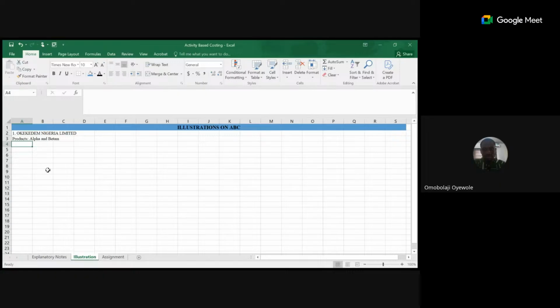Now the question is: use the traditional approach to determine the direct labor hourly rates for the company, and use the direct labor hour rate to compute overhead rate attributable to a unit of alpha and beta product.